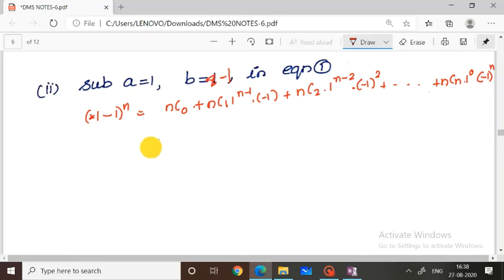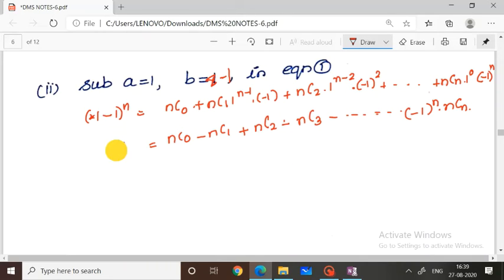That is equal to nC0 minus nC1 plus nC2 minus, the next term automatically nC3, etc. The last term will be minus 1 raised to n into nCn. So here 1 minus 1 is equal to 0. Hence you will be getting this proof. That's all.